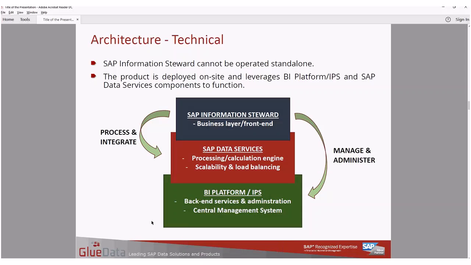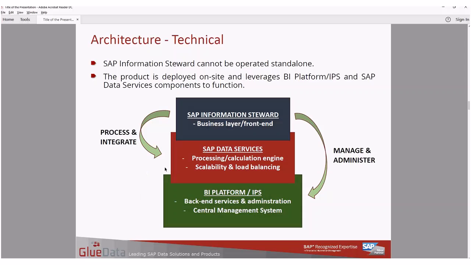Here we can do key administration tasks like user management, grouping users, assigning authorizations. It provides back-end services, all the operating system services and the technical services that are required for Information Steward to run. Also, because it's central, it provides this integration and visibility of objects within all these modular applications.